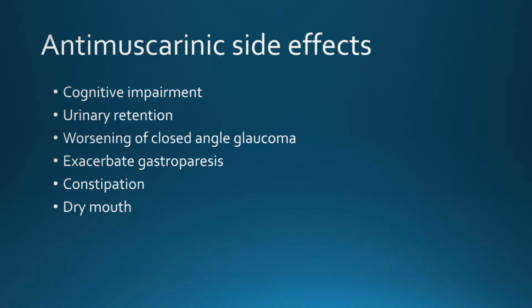You actually make the condition worse, and now you've got an obstructive uropathy as opposed to an urge incontinence. If somebody has glaucoma, particularly closed-angle glaucoma, not good. If somebody's diabetic, it could exacerbate their gastroparesis. And if somebody's already constipated, it's not a good medication to give. It also causes dry mouth.